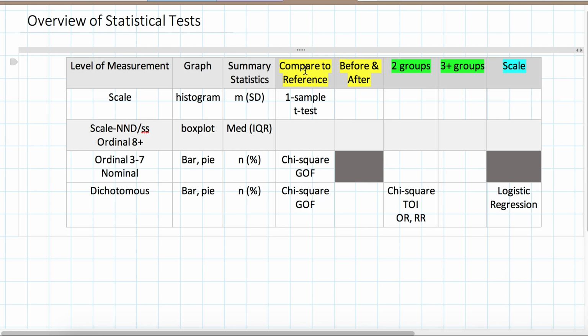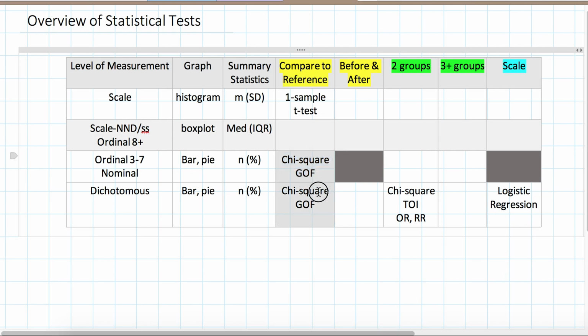So when we were first learning about inference, we learned about the one sample t-test and how we can take that histogram, that mean and standard deviation, and we can actually test it against a hypothetical value, some reference, some standard score, so to speak.